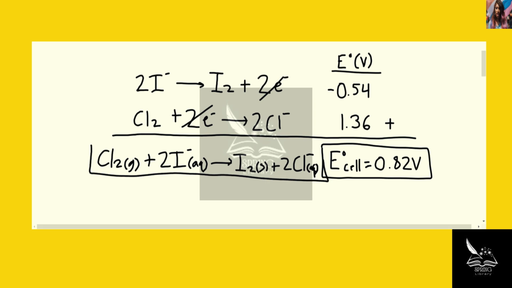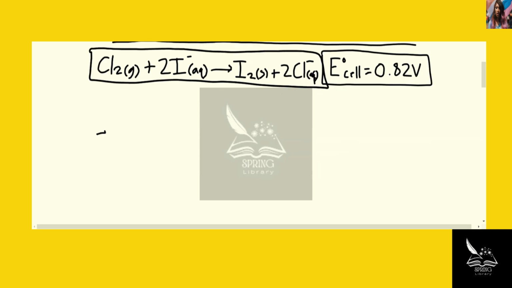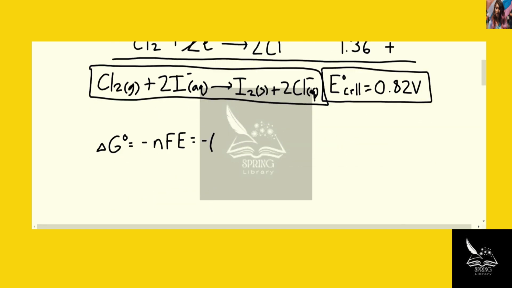And now to find the change in Gibbs free energy, delta G, at standard conditions, that's just negative nFE. n is the number of moles of electrons, and from that equation we canceled out 2 electrons. And Faraday's constant is 96,485 coulombs per mole of electrons.